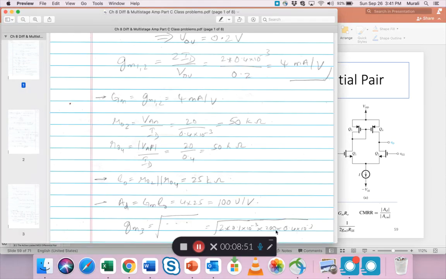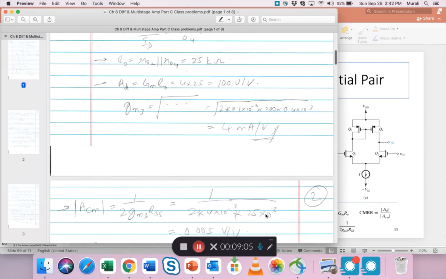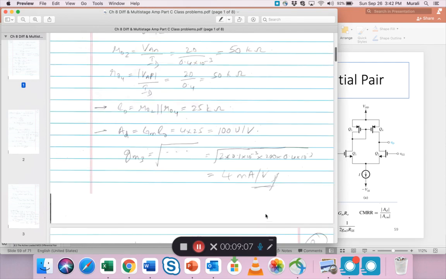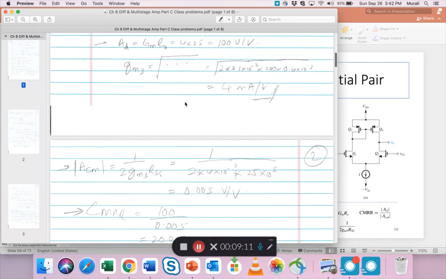So if you substitute all those values, you should get 4 milliamps per volt for GM. Okay, which is no different from what we got here also. So everything is the same, so it shouldn't be any different.